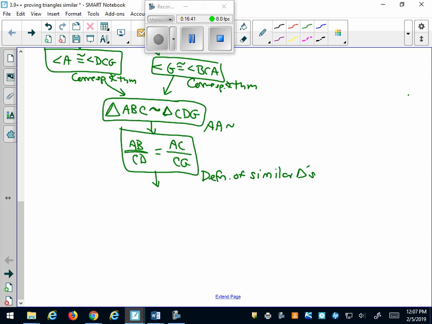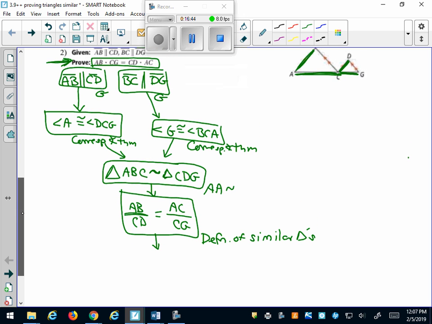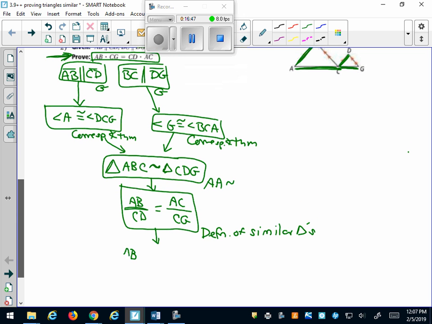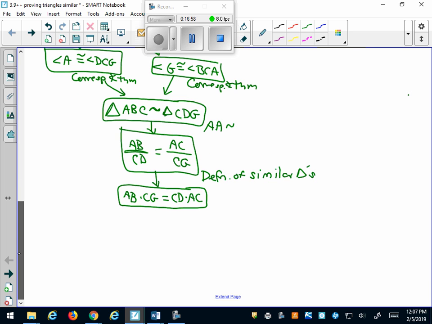Yeah, because you're going to cross multiply. Exactly. AB times CG equals CD times AC. That's what we're trying to prove. The reason I'm going to have you write there is either cross products are equal, or that's called the cross products property.